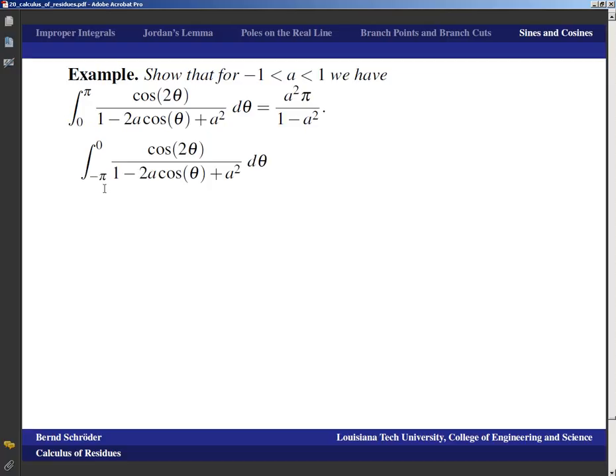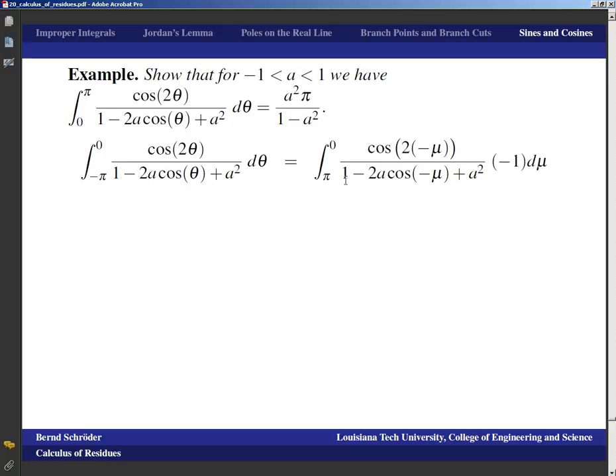Well, let's take a look at the integral from negative pi to 0 of cosine 2 theta over this rather horrible denominator. Well, that's if we're doing a substitution theta equals negative mu, or mu equals negative theta. Either way, we get d mu d theta being negative 1, and so d theta is negative 1 d mu. Theta is minus mu, that works out, and when theta is negative pi, mu is pi. When theta is 0, mu is 0, so that's just a straight substitution as we see it in regular calculus.